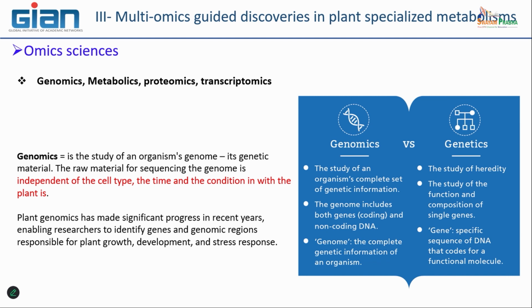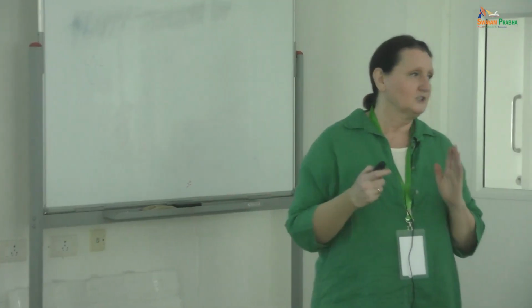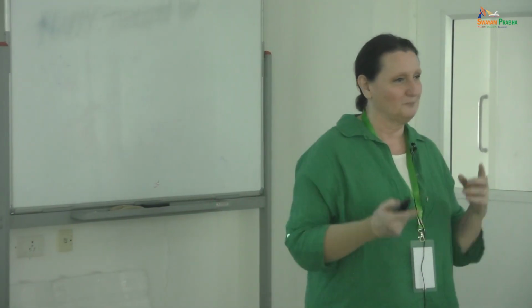So this is now possible to sequence quite easily and quite rapidly different types of genomes. Here, just a precision: genomics and genetics are not exactly the same. I saw that my own students sometimes have confusion on this, so this is why I have put this information.